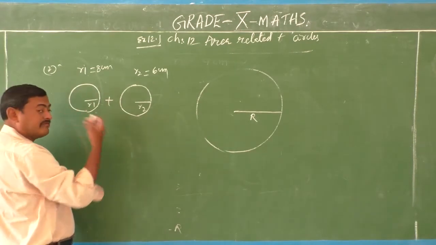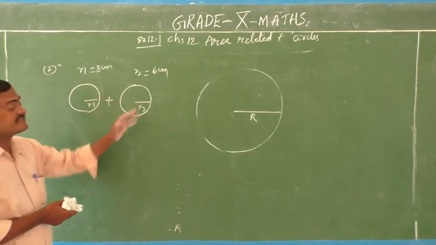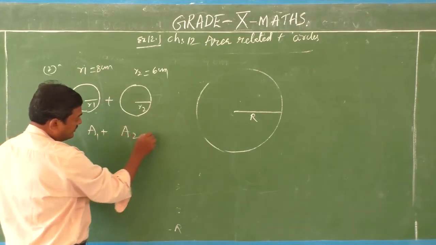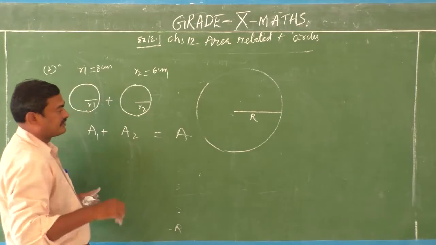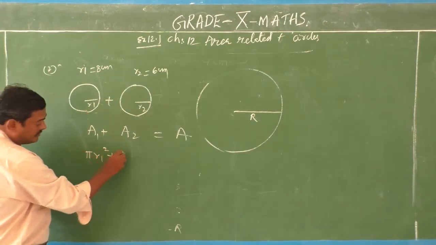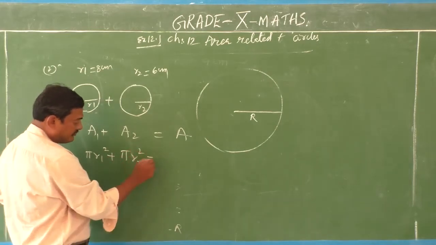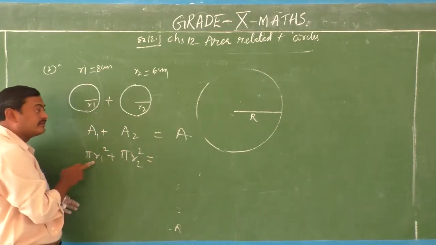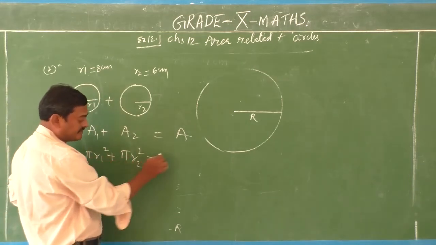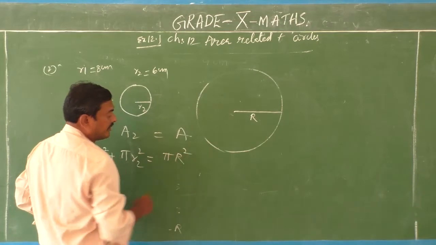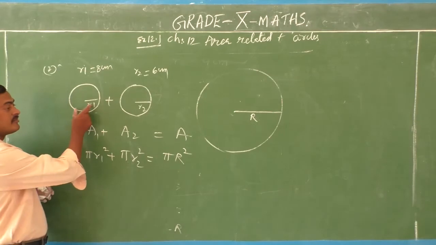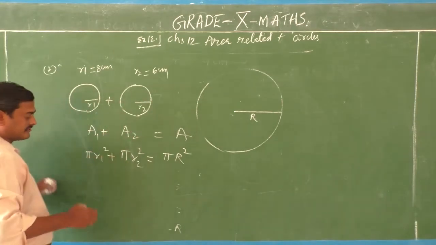In the previous sum they asked about adding circumferences, but in this sum, the area of the first circle plus the area of the second circle equals capital A. Area of the first circle is pi R1 square, plus pi R2 square, the area of the second circle, equal to pi capital R square. Capital R is the big circle, and the sum of these two areas equals that circle.